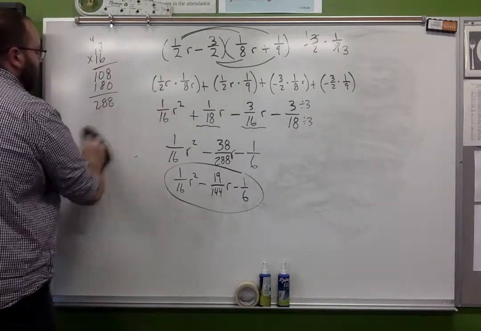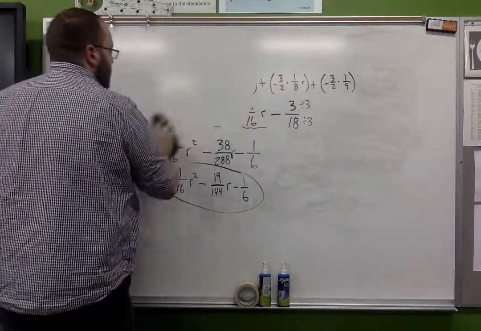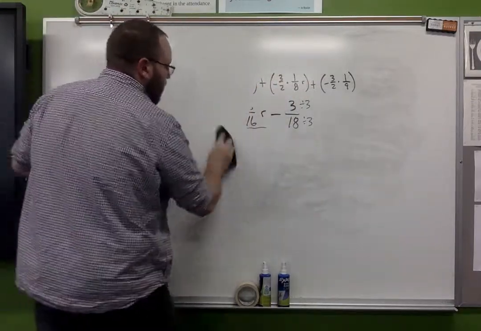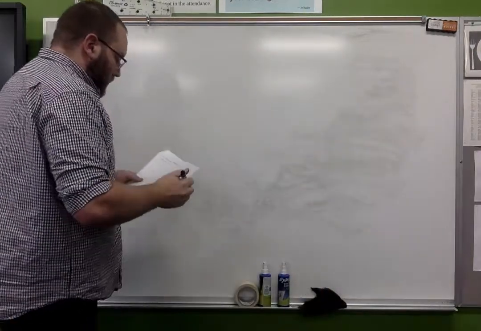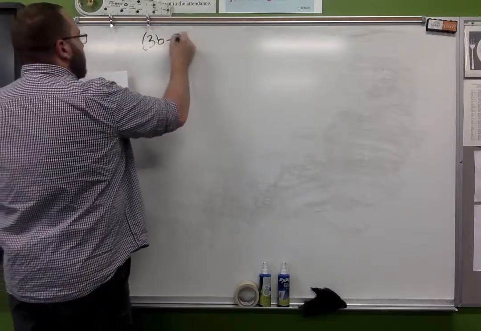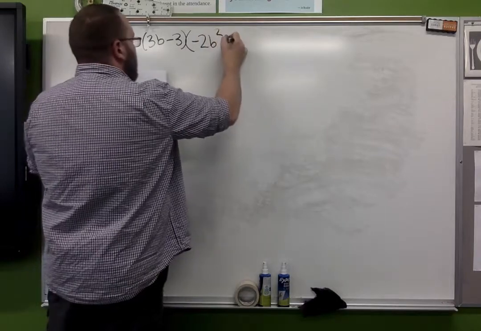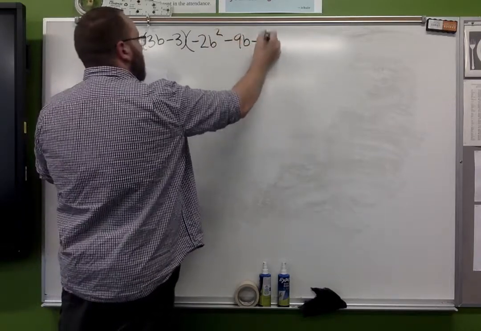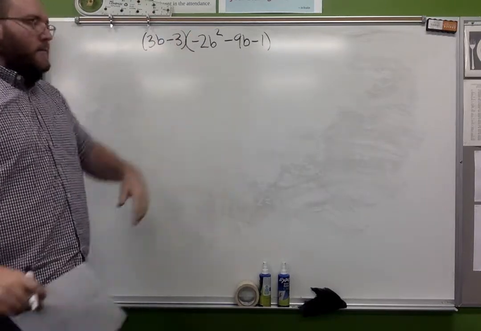All right, very last one. (3b minus 3)(negative 2b squared minus 9b minus 1). Everything in the first times everything in the second.